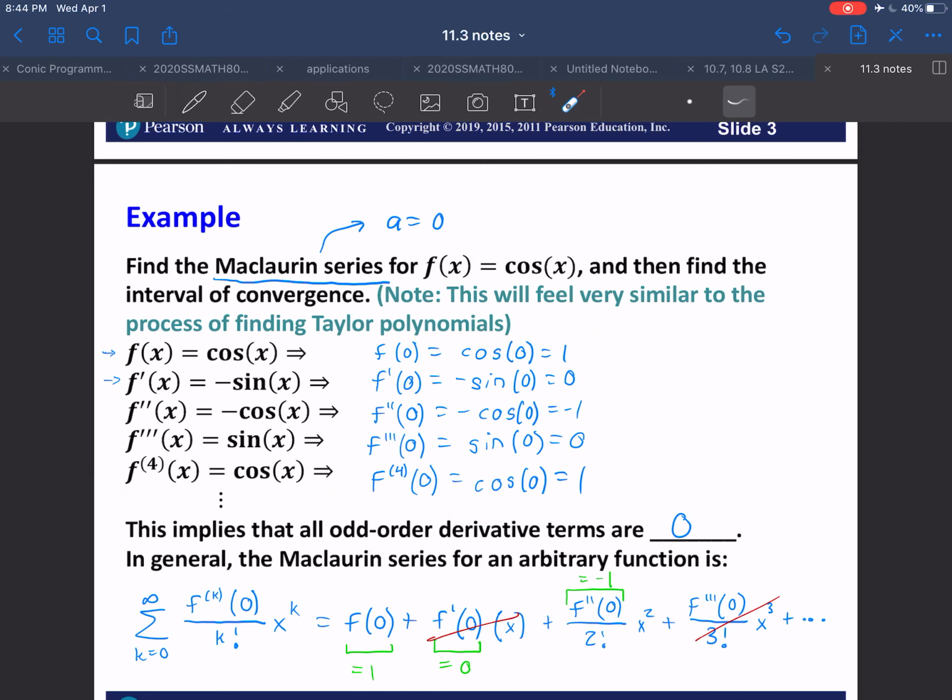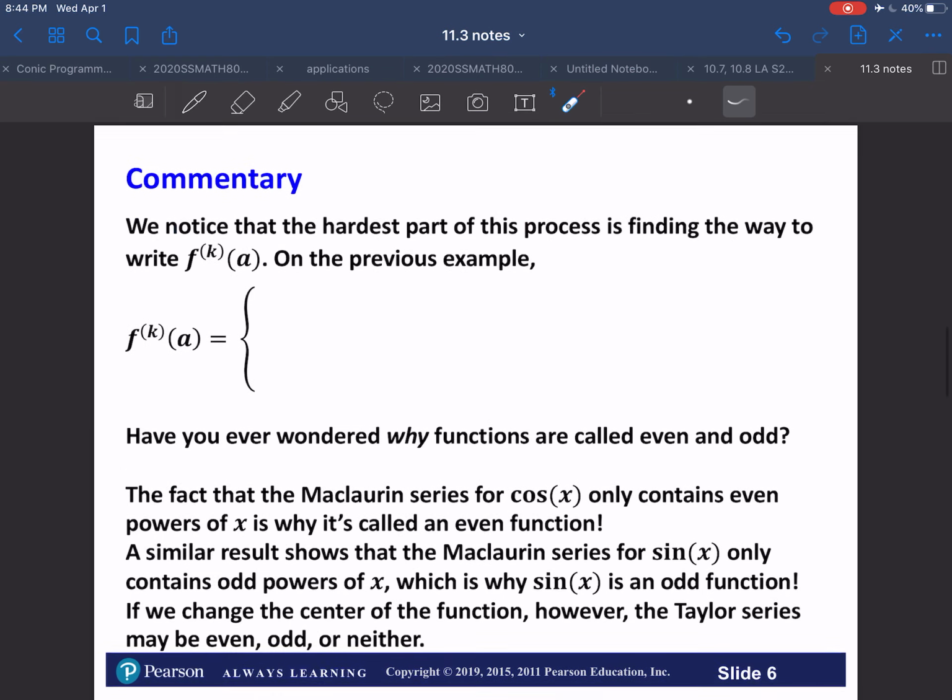This process was what we used to figure out what f^(k)(a) is. Specifically, we noticed that for the odd terms, it was 0, and for the even terms, it alternated. And so, if we want a general way of expressing the kth derivative of our function evaluated at a, in this case a was 0, that's basically what we are going to write down here.